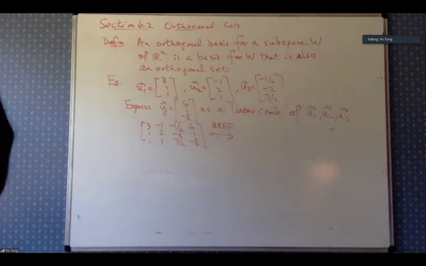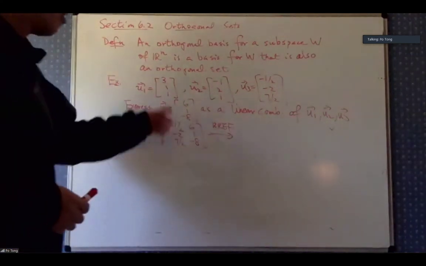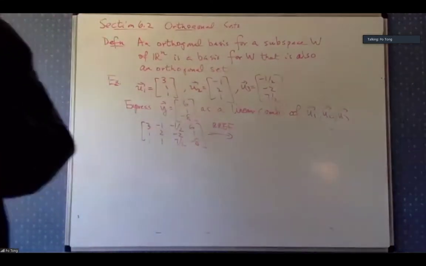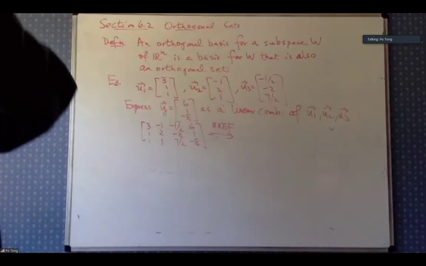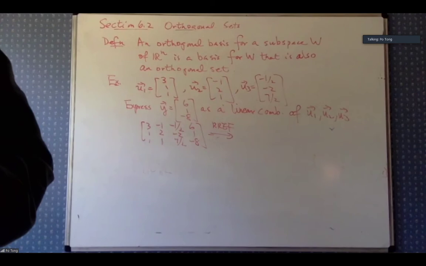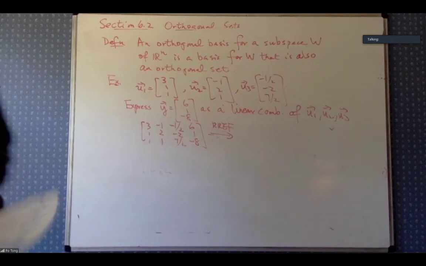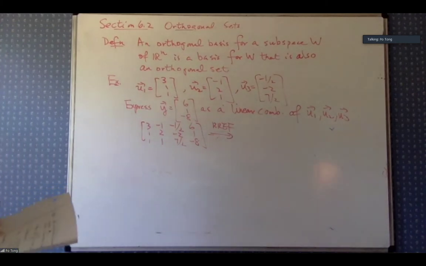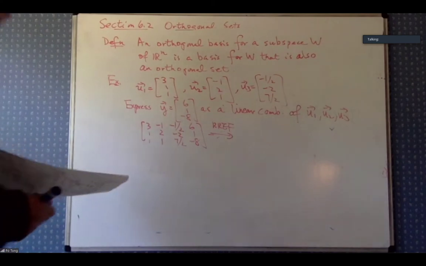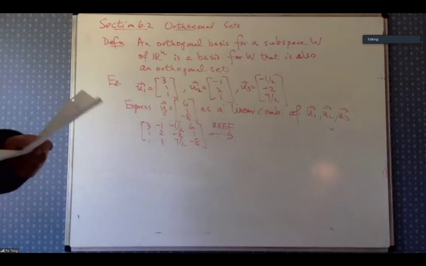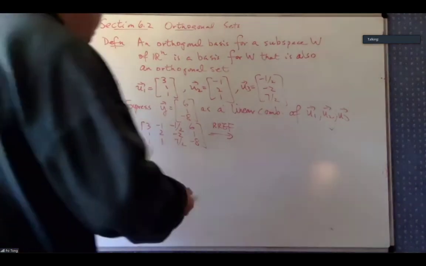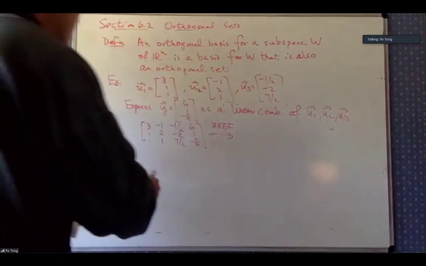Okay. Now, because these guys are orthogonal, we have another way of doing it. Okay, I'm going to show you another way of doing it. So this other way is like this. You are going to write.